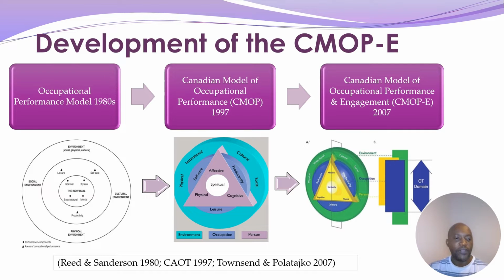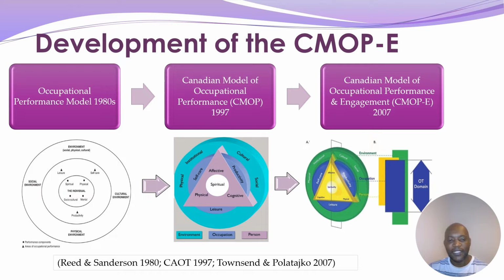For example, if you look at the person represented here as a triangle, they placed spirituality at the core of the person, and the component that was considered mental in the OPM moved on to cognitive. The socio-cultural was removed, and there is the affective in the CMOP, as well as the physical component.